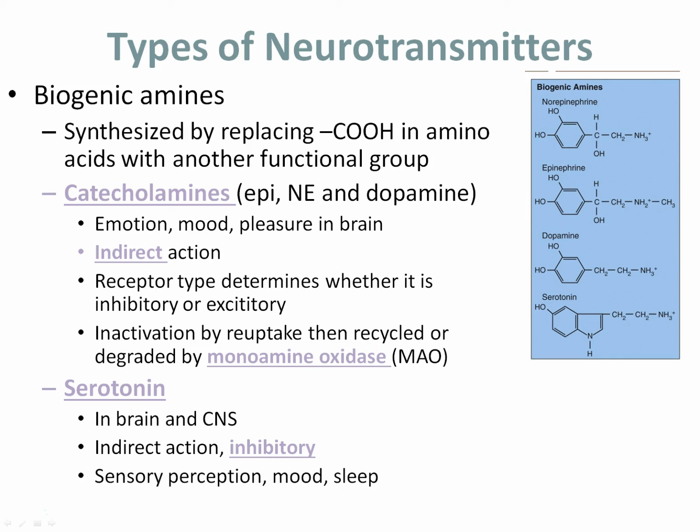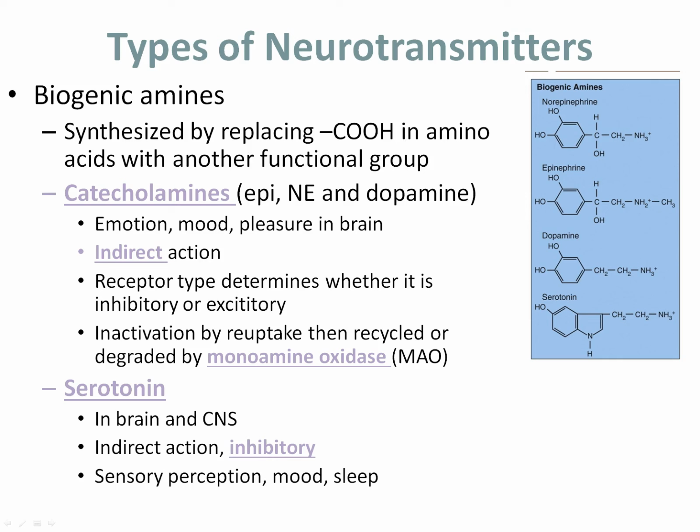And because we have different receptor types, these neurotransmitters may be inhibitory or excitatory. These neurotransmitters are inactivated by either reuptake into the axon terminal or degradation by an enzyme called monoamine oxidase, MAO.